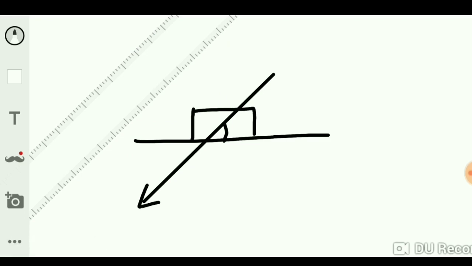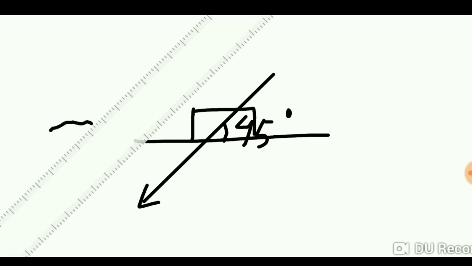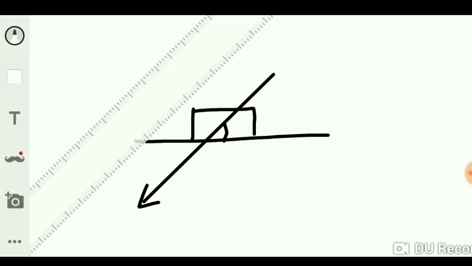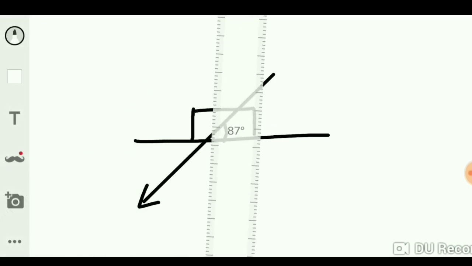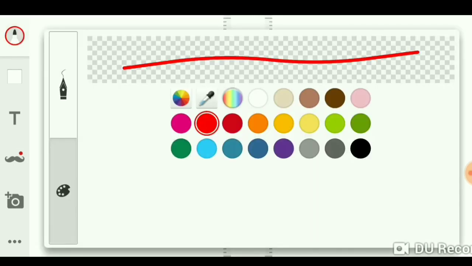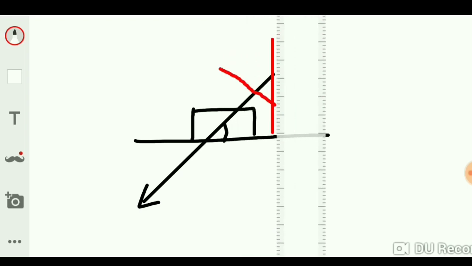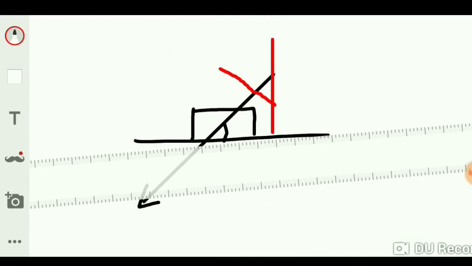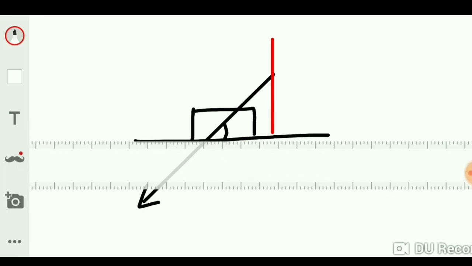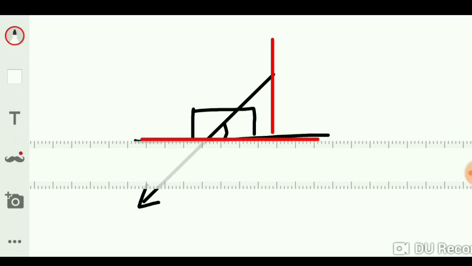So we have 45 degrees. Let's drop the y-axis and the x-axis. Now the x-axis is going to be the ground only, right?